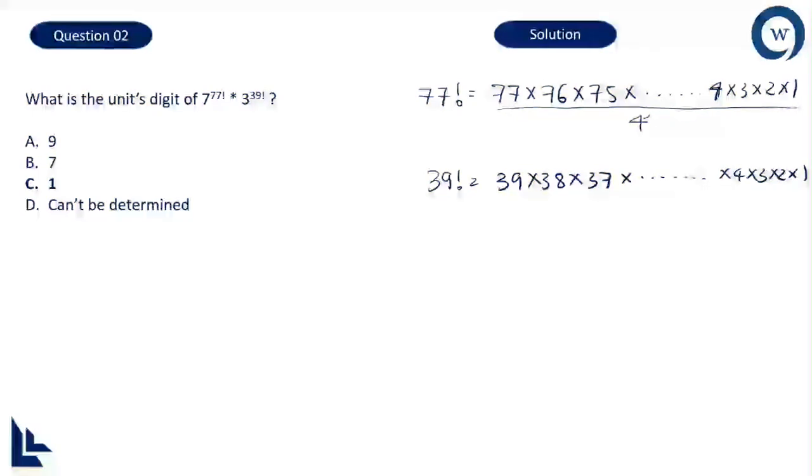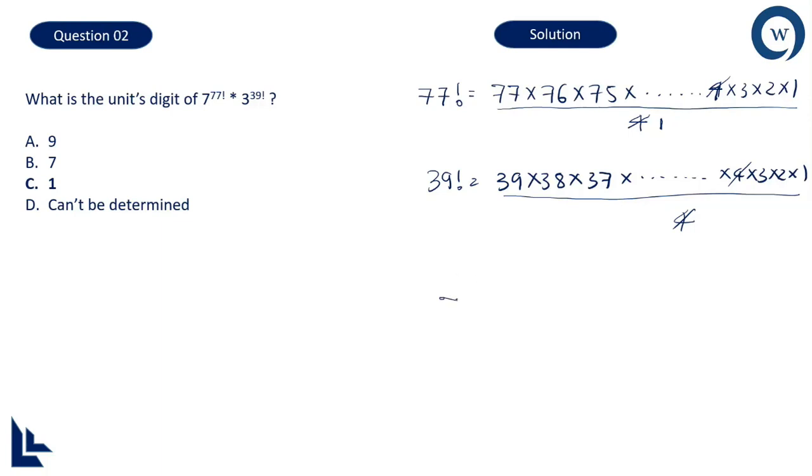Simple, right? 4 cancels this 4, and when the denominator becomes 1, that is the indication that the divisor has completely divided the dividend. So 77 factorial is divisible by 4. In the same way, 39 factorial is also divisible by 4, since 4 cancels with 4 in the numerator. So that means both these powers are divisible by 4.